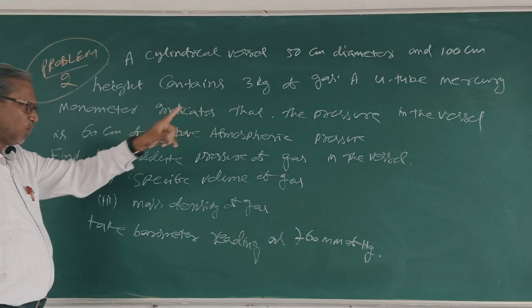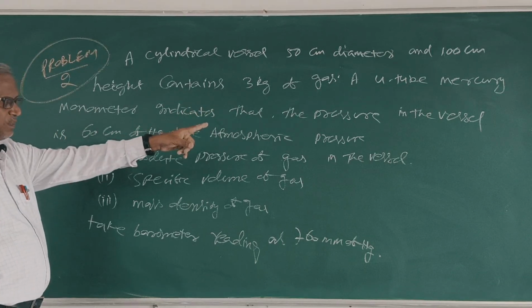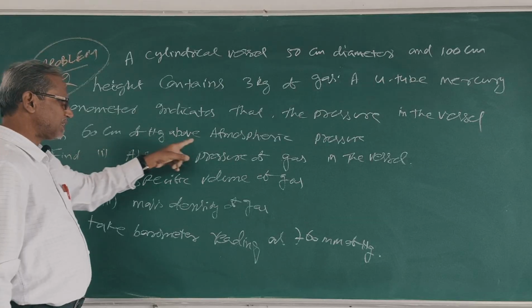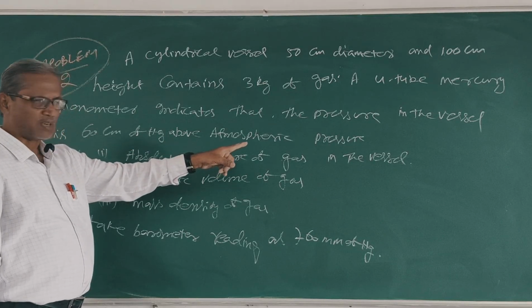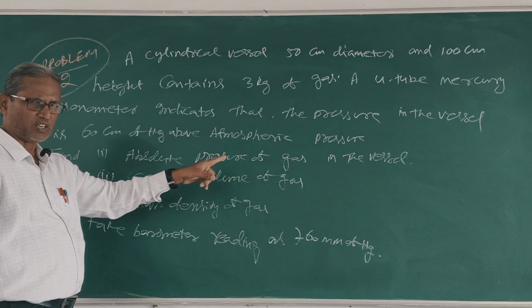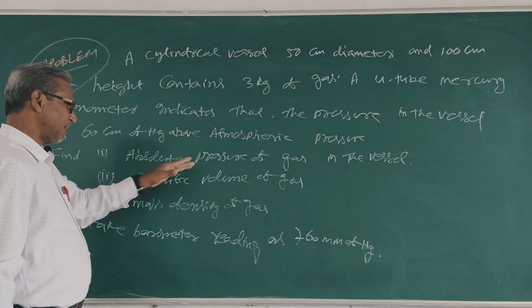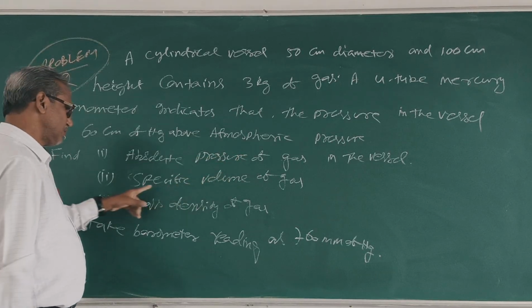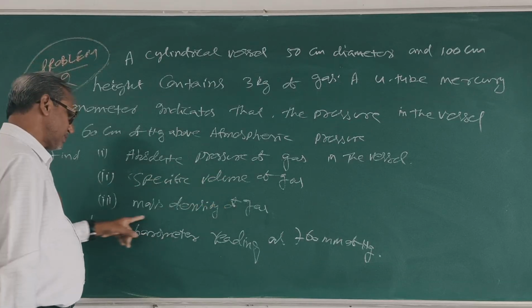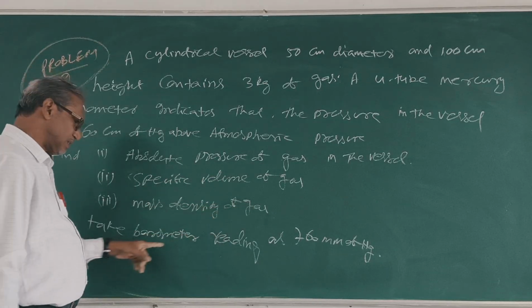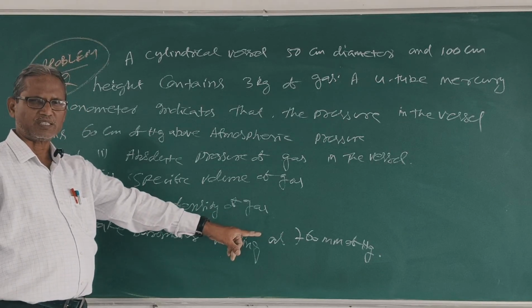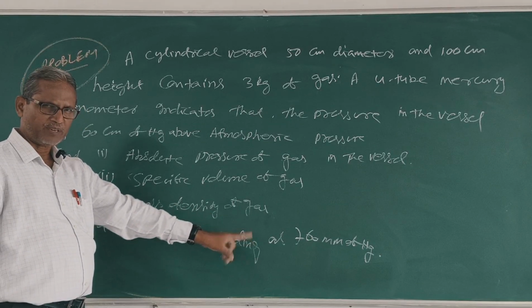A U-tube mercury manometer indicates the pressure in the vessel is 60 mm Hg above the atmospheric pressure line. This is gauge pressure. Determine the absolute pressure of gas in the vessel, the specific volume of the gas, and the mass density of the gas. Take the barometer reading as 760 mm Hg. This is P atmospheric. Clear?